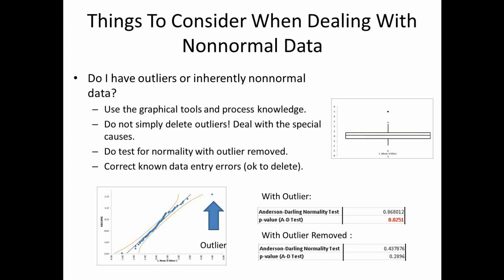We'll talk about transformation, or trying to do a distribution fit. You may want to use nonparametric tests in this case. All right, so that would be one option that you could use, the nonparametric tests, if you're doing hypothesis testing. But most importantly is that you try to understand why you have the outlier.